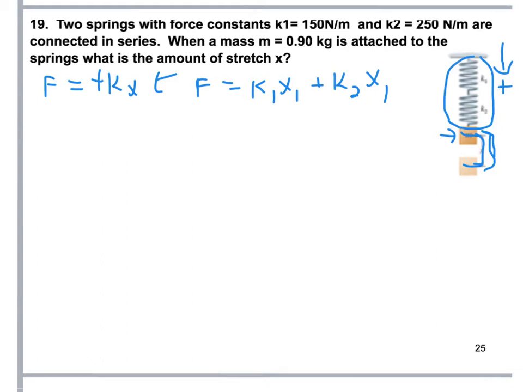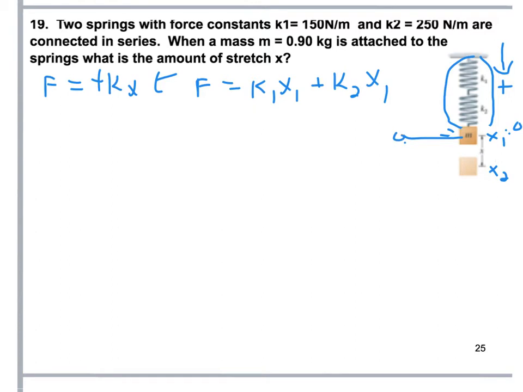So actually before we go on with our equation there, I wanted to get back to this picture here. So we can say that this is x1 right there, and then this is x2 down here. So we can say that x1 starts at the origin because it's at rest. So the whole thing is at rest, and then we stretch it.